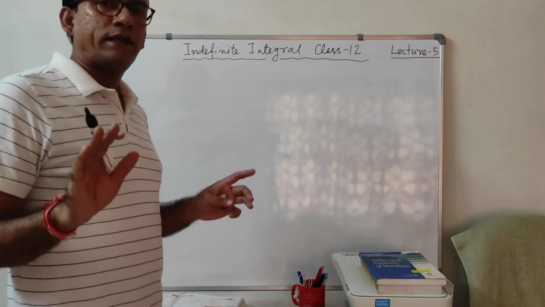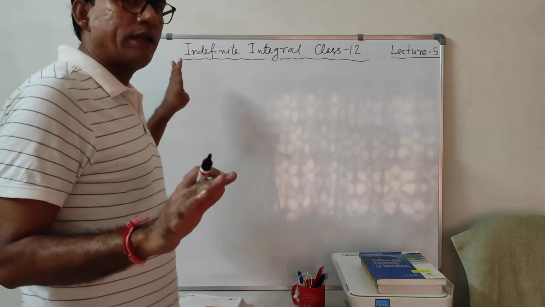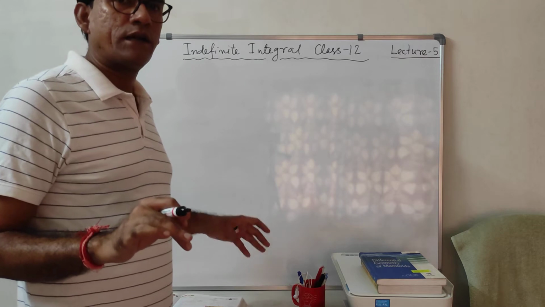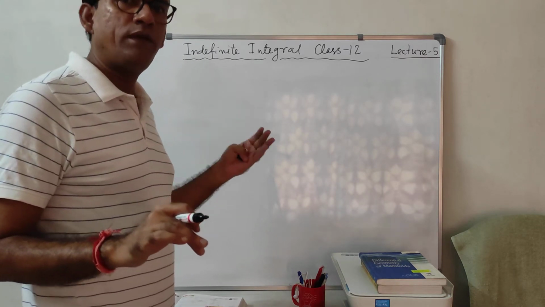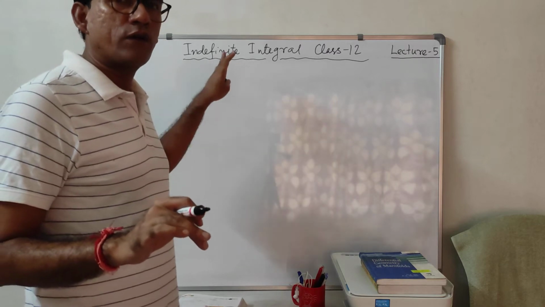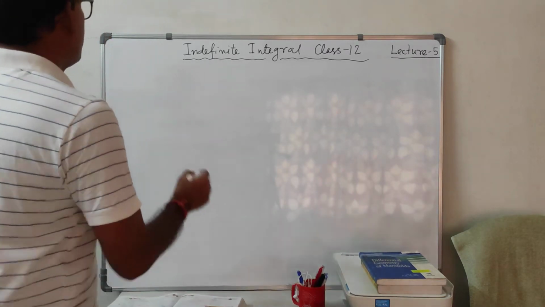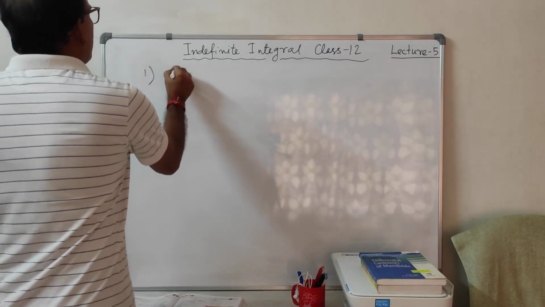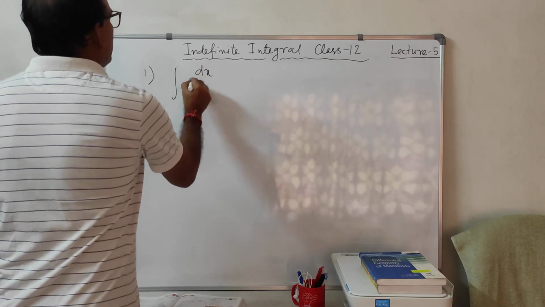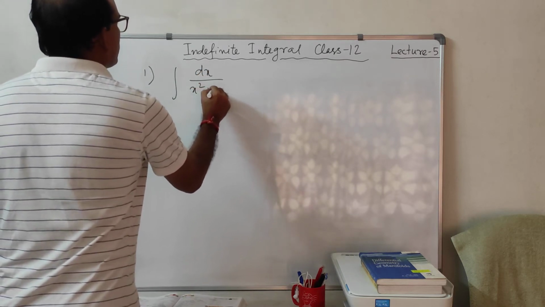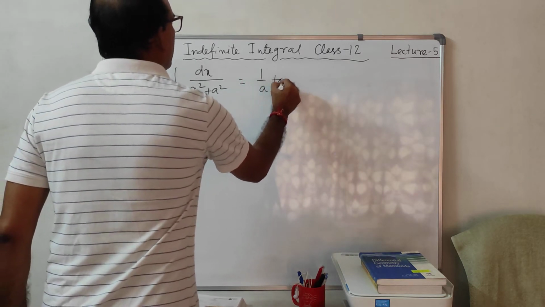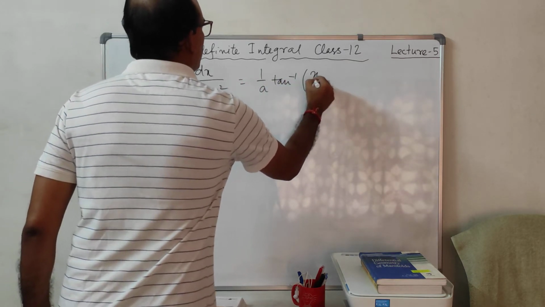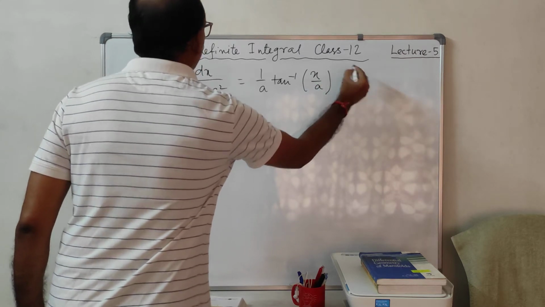Oh, before that, I am writing some standard integrals under method of substitution, which will be helpful to solve all these problems. See, number 1. Integration dx by x square plus a square equals 1 by a tan inverse of x by a plus c.